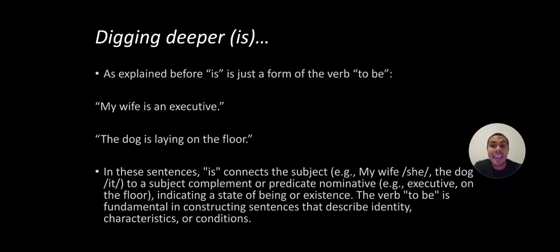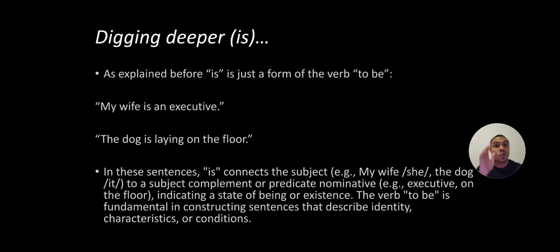Okay, so in these sentences, is connects the subject. In this case, the subject for the first sentence is my wife, a she. And for the second one, the dog, an animal, right? So we use it for it.